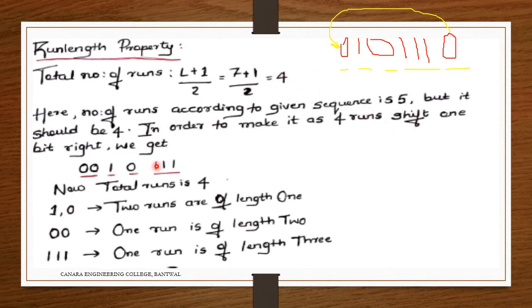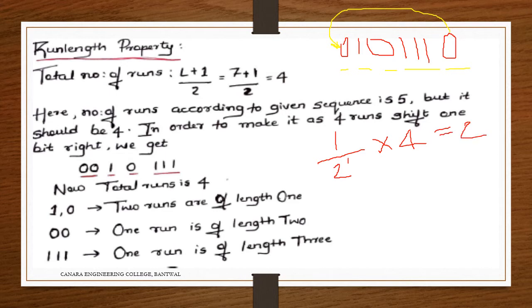We say it should be equal to the length 4 plus 1 divided by 2. That should be 4 here. So I have to calculate with respect to the run lengths. 2 to the power of 1 divided by 4, that is 2.